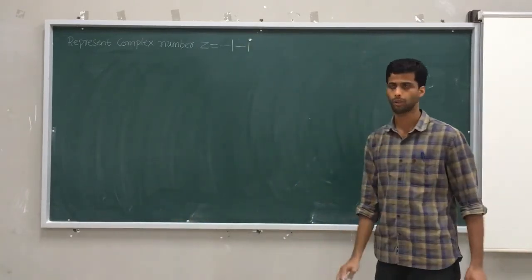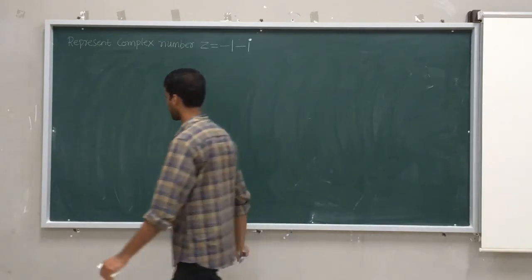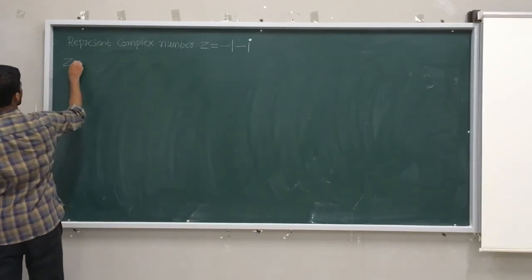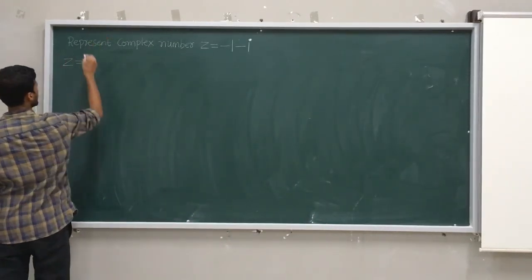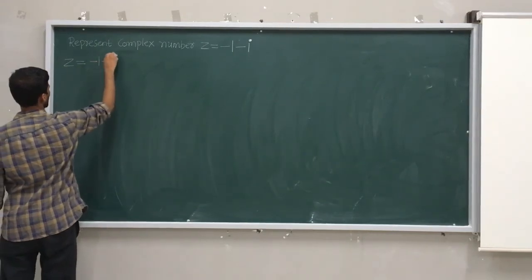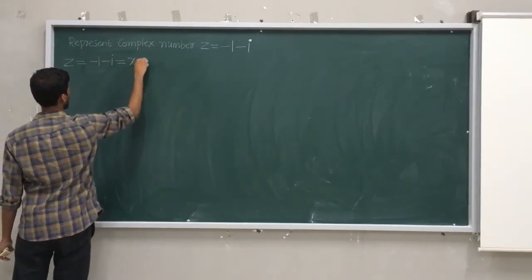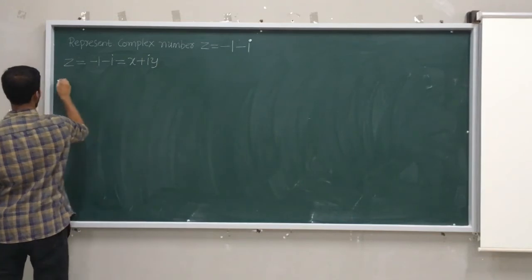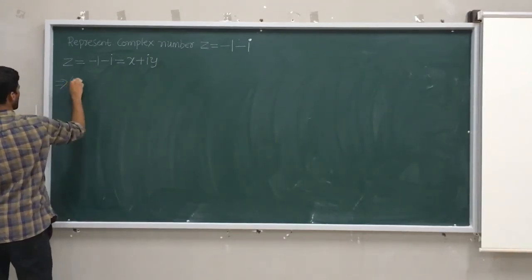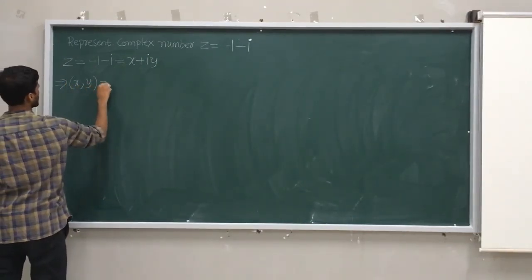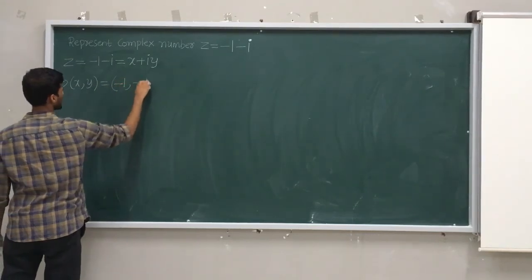Luckily it's in standard form, and all we need is to proceed. So z equals minus 1 minus i, and comparing with x plus iy, x comma y is minus 1 comma minus 1.